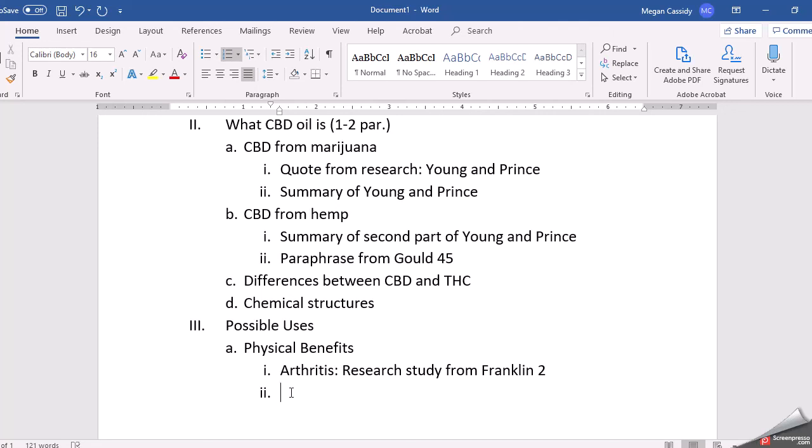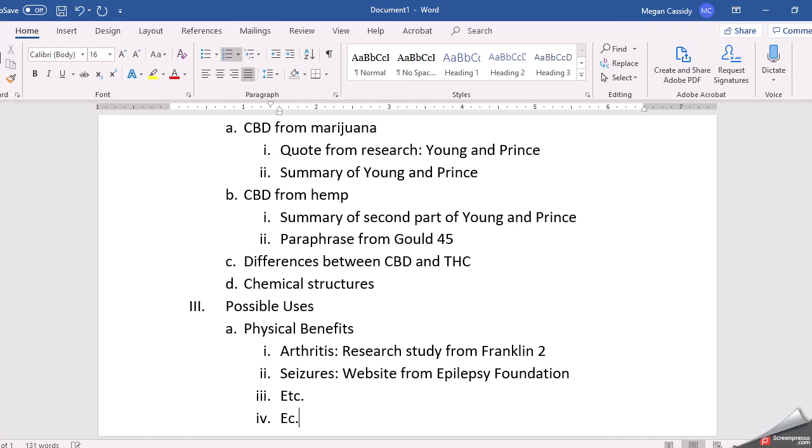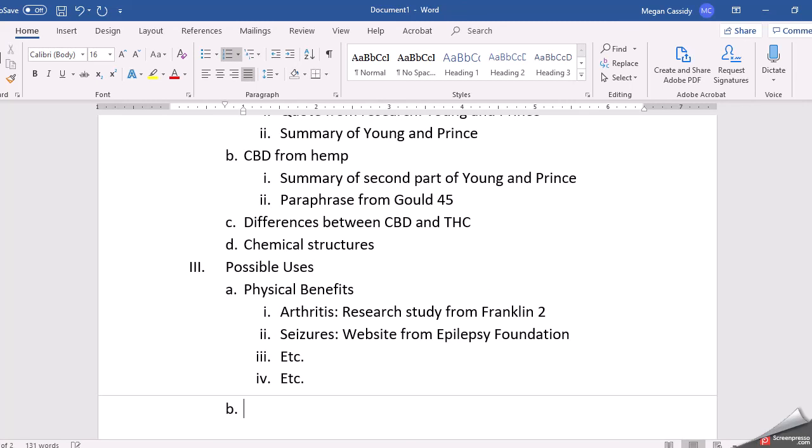Then I want to talk about seizures, and here I have a website from the Epilepsy Foundation, etc., etc. I just put etc. there to show you guys that there would be more. Then I might talk about another, mental health benefits.